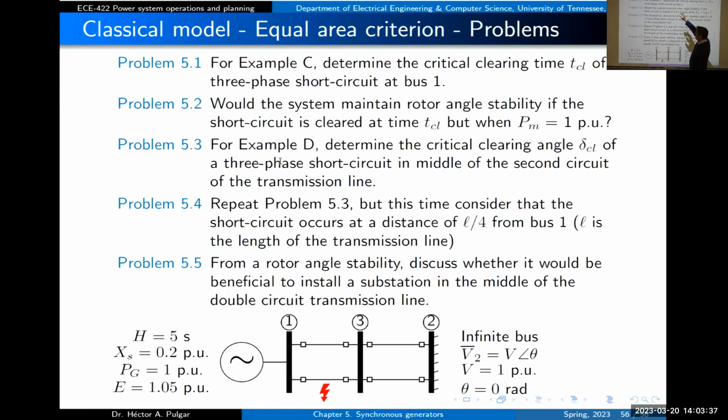So the first two examples are related to example C. The following examples, 5.3 and 5.4, are related to example D. And example problem 5.5 is related to this new configuration. In this last problem, we are discussing what is the benefit from the technical point of view, from the stability point of view, of having a substation here in the middle of the double circuit transmission line.